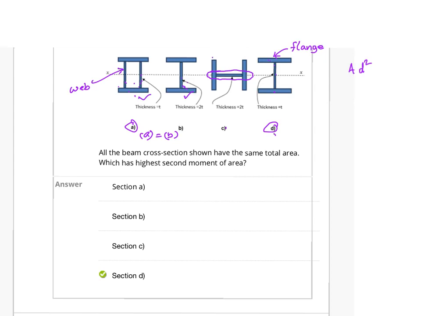So possibly C has the lowest I value of all these four cross sections. If you have to rank, without doing any calculation, this would be the highest, followed by these two jointly second, and then this would probably be the third.